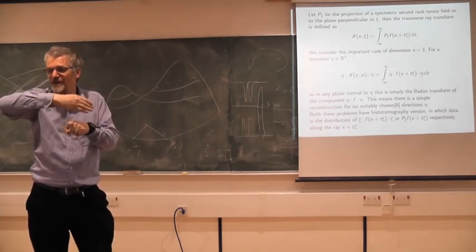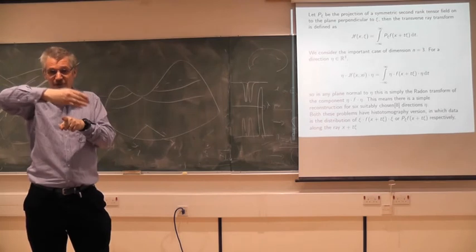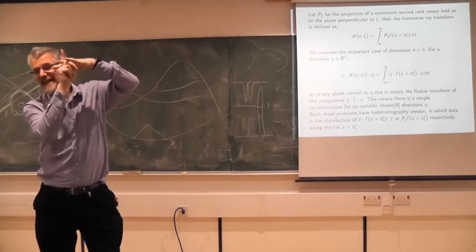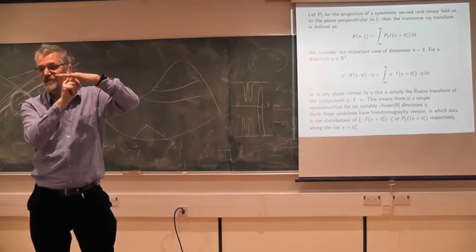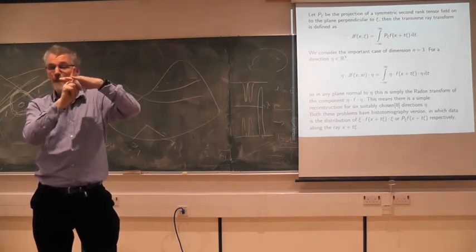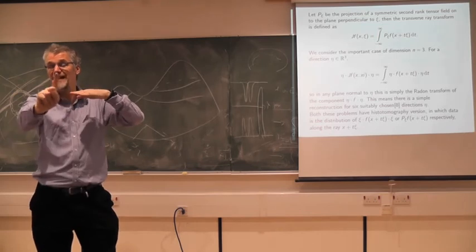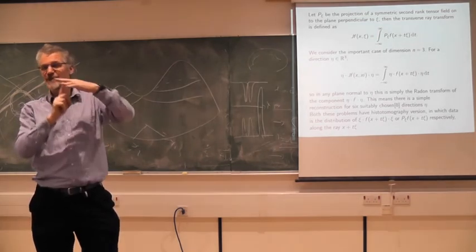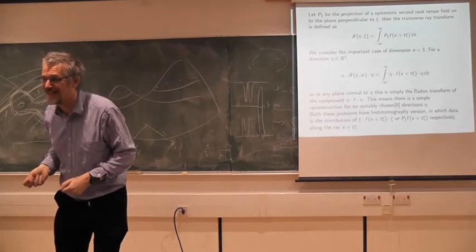It's not clear that you can do anything useful in all directions, but in the direction perpendicular to the plane, you could just dot everything with the vector perpendicular to the plane, and then that component is just the scalar integral. So in other words, the component in the normal direction just acts like a scalar.